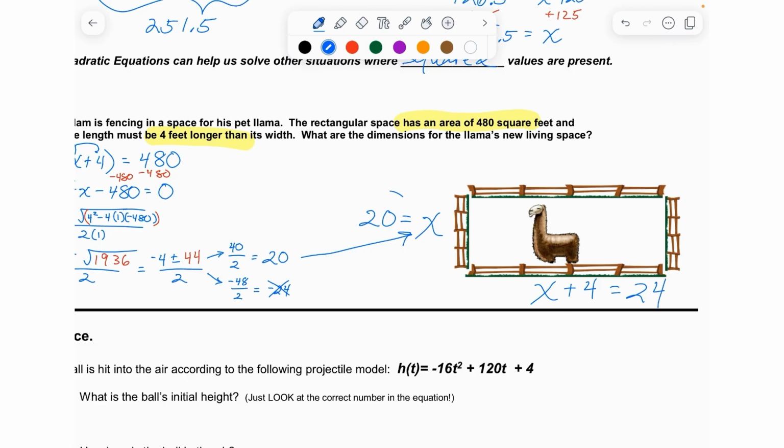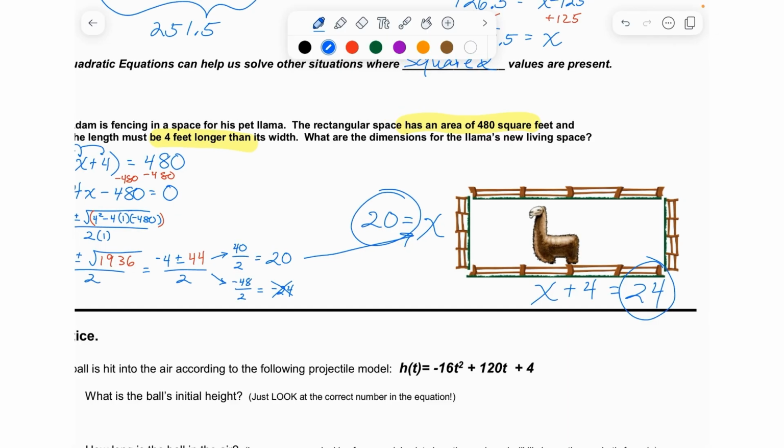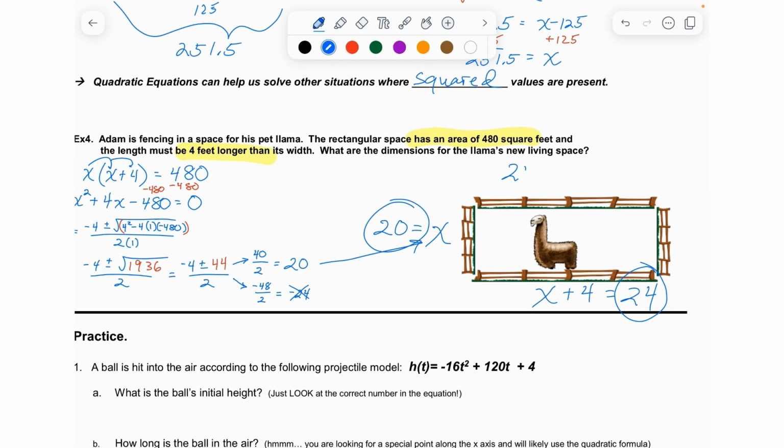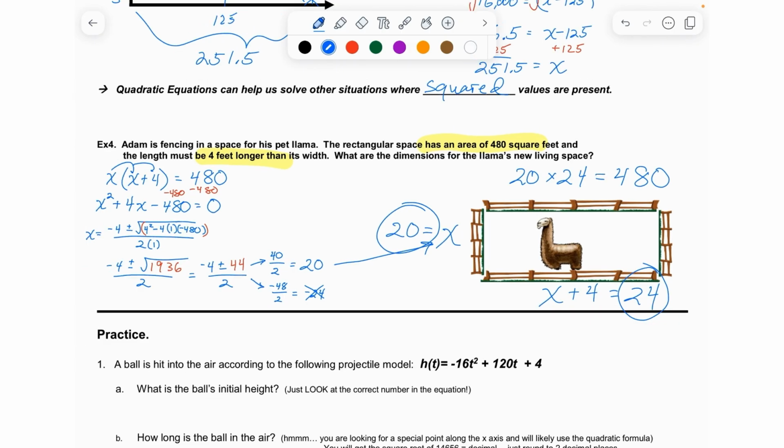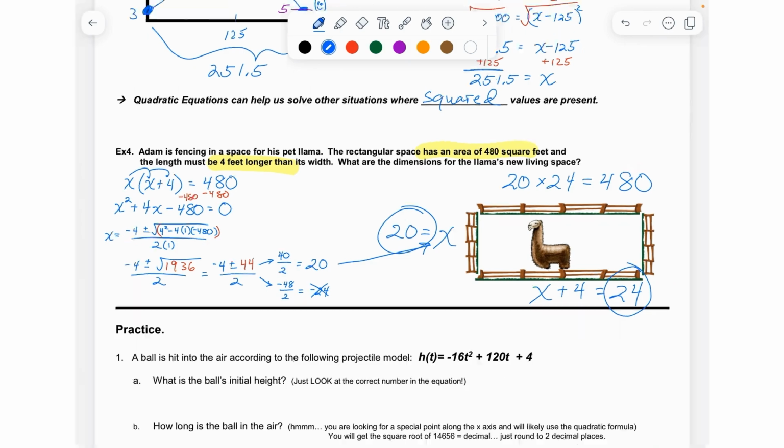Did I just find my dimensions? I think I did, and if I want to double check them, I could always take 20 times 24 and just double check that that really does equal 480. Little fun fact, these are the only two numbers that are going to equal 480, such that one of them is 4 units longer than the other.